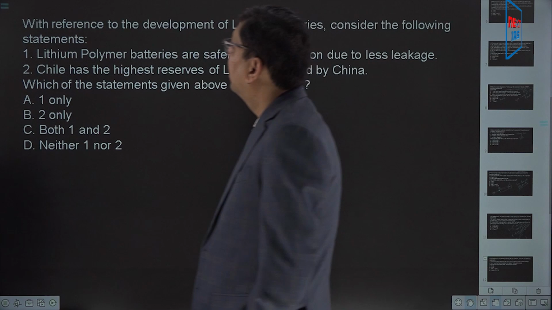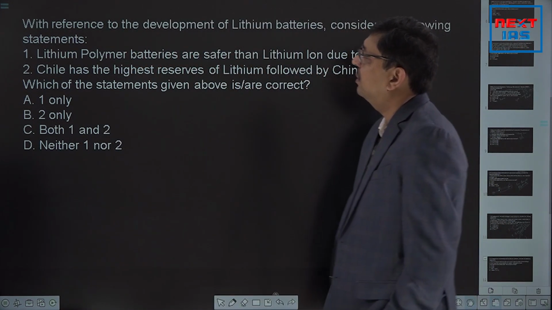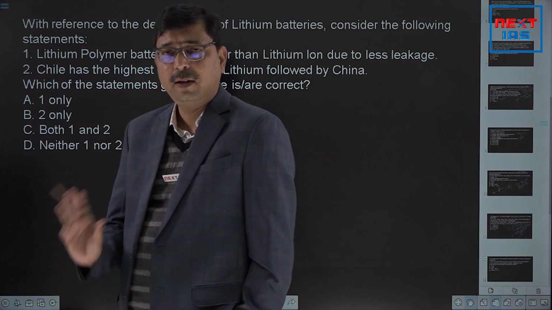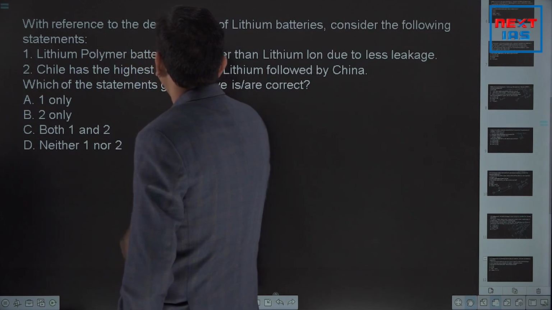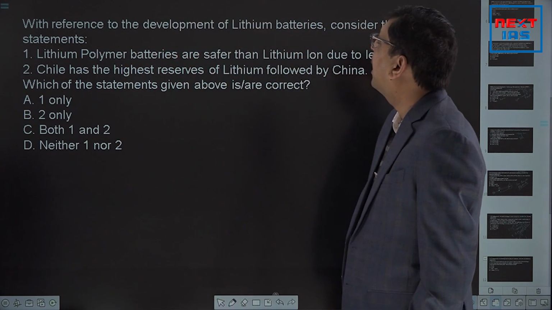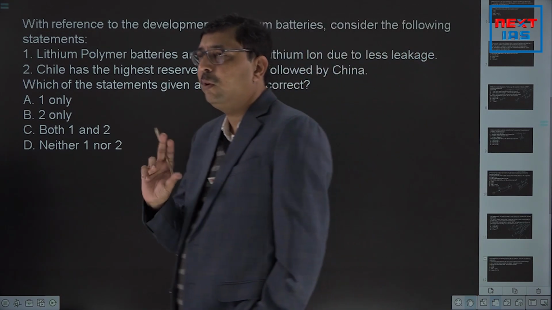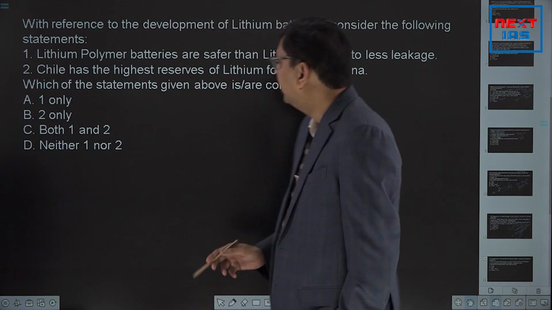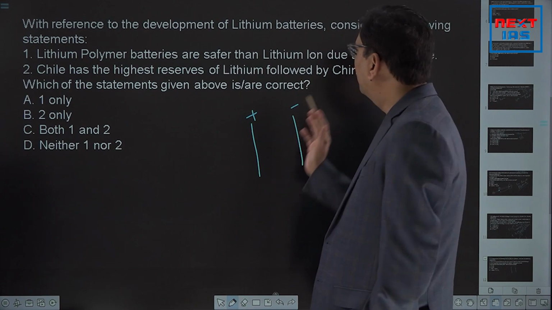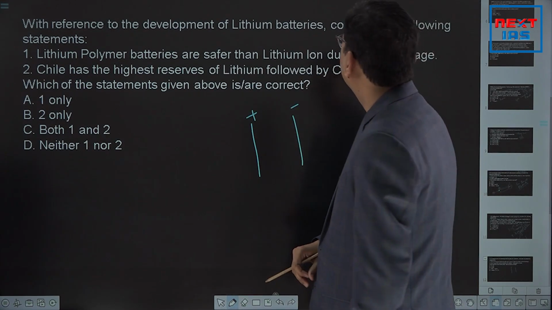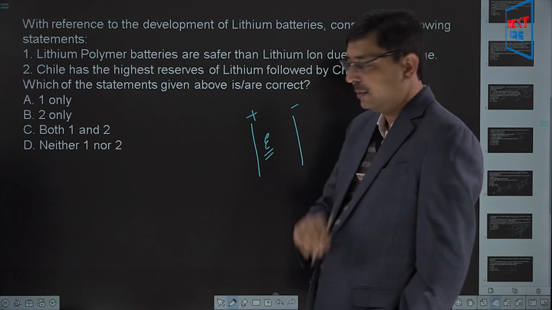Next is with reference to the development of lithium batteries, consider the following statements. Fine, two statements are there. Lithium polymer batteries are safer than lithium ion due to less leakage. Actually, there are positive and negative electrodes in both lithium ion and lithium polymer, and here we have electrolyte.